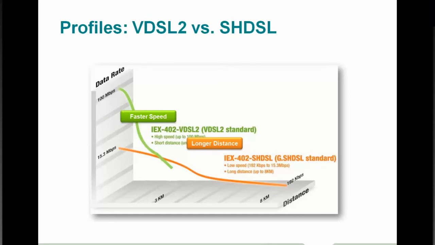I wanted to position 2 of the standards, VDSL2 and SHDSL, that are tied into the capabilities of the chipsets in these DSL extenders. One is really good for high speed over relatively short distances. I know these are in metric on this slide, but we're looking at that faster speed for up to about 2 miles. Then we're looking at somewhat lower speeds, but getting out to close to those 5-mile distances.